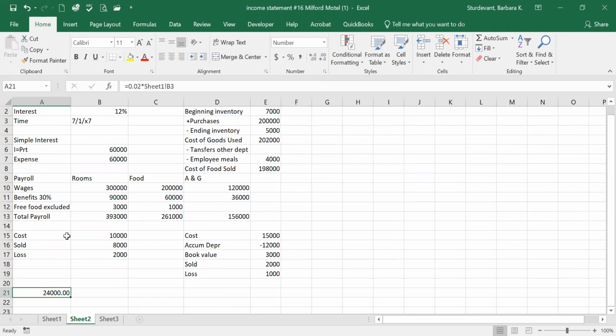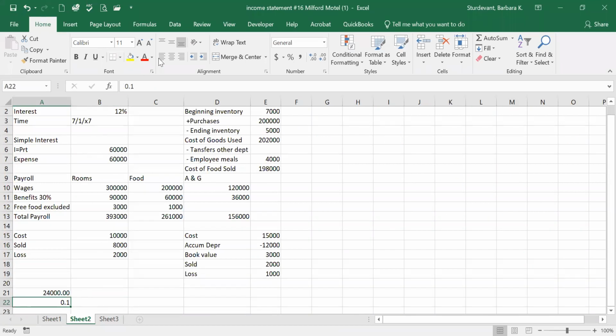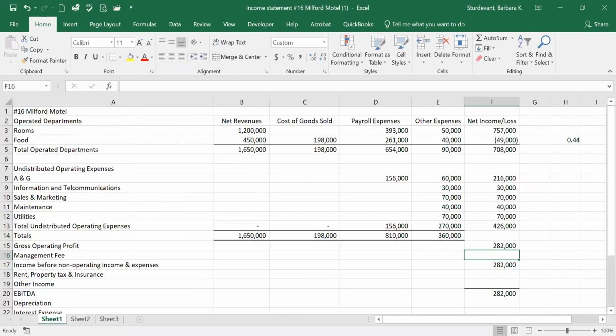You're looking at 24,000. Okay. The other piece of it is 10% of the number that we just found, which is that. And that didn't work. So we're going to go back over here and get that number.